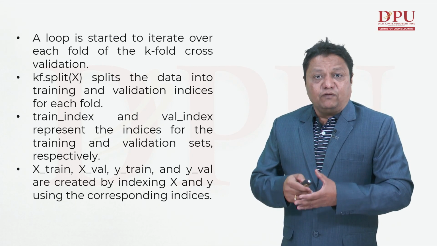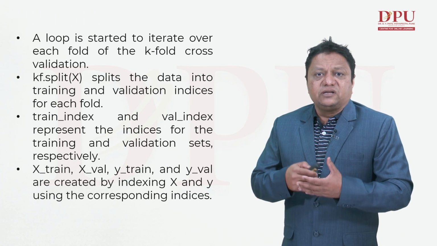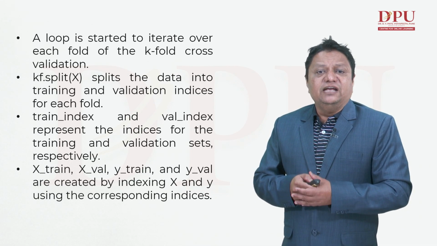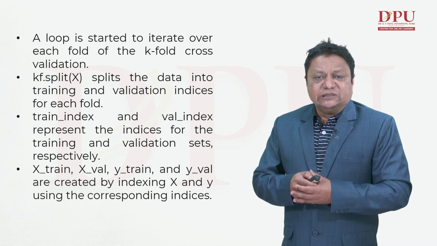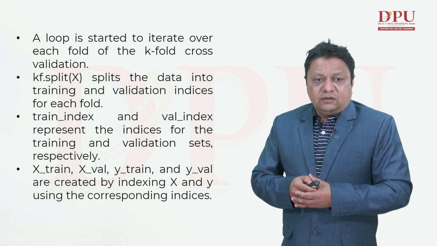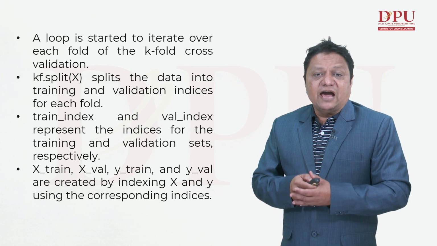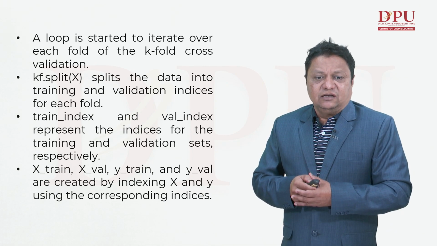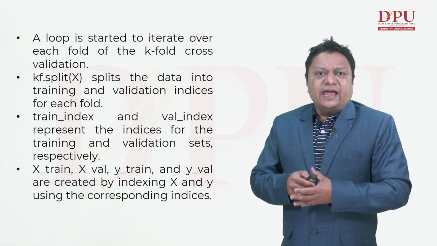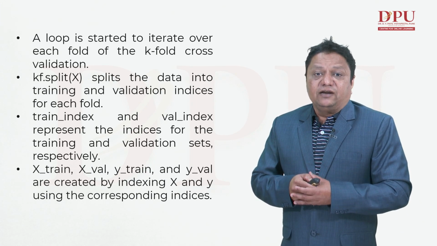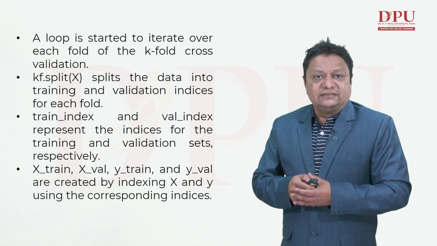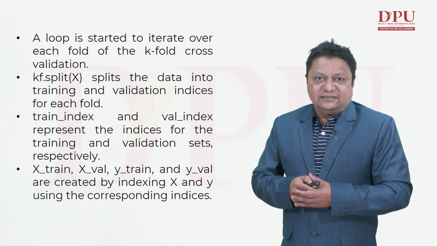For each fold, this loop is going to be repeated. kf.split(x) splits the data into training and validation indices for each fold. train_index and val_index represent the indices for the training and validation sets respectively. x_train, y_train, x_val and y_val are created by indexing x and y using the corresponding indices.